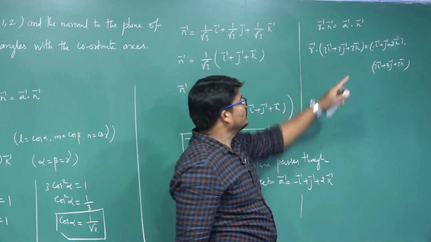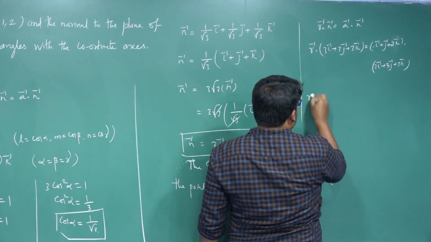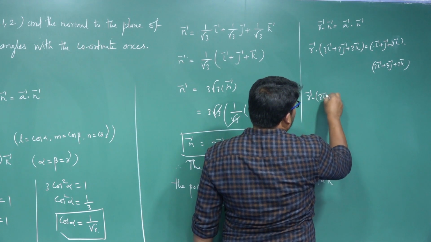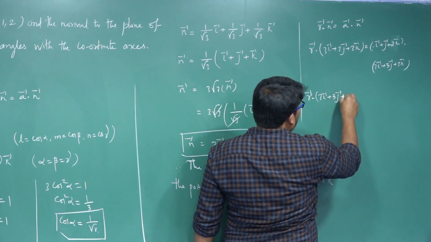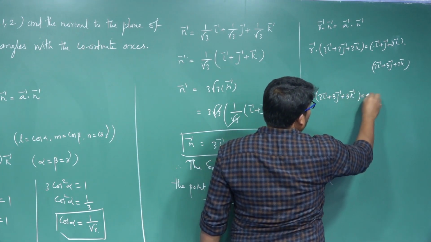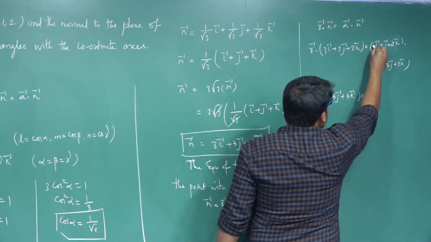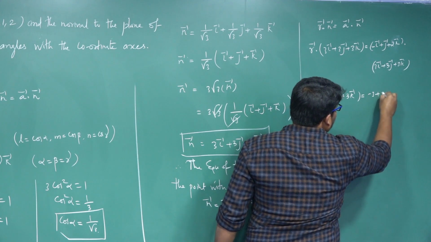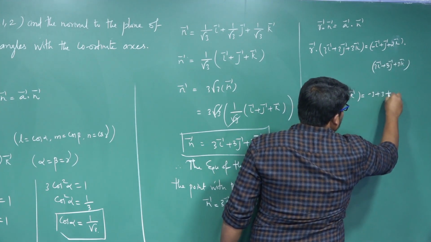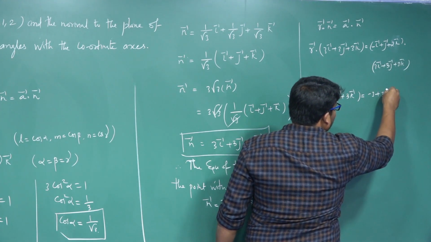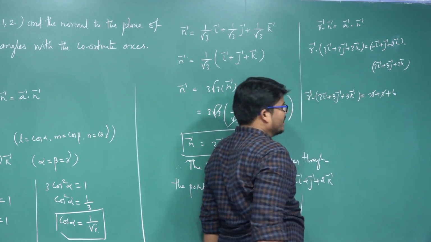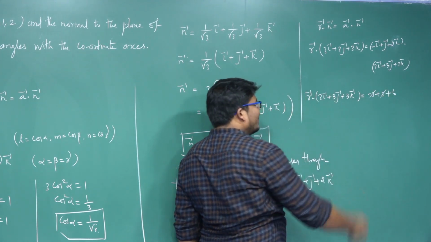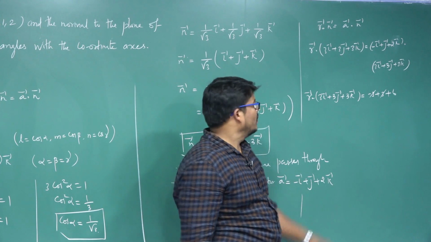Now multiply: 1 into 3, 1 into minus 3, minus 3. Next, 3 ones are 3, plus 3 twos are 6. So plus 3 minus 3 are cancelled. That is r vector dot 3i plus 3j plus 3k equals 6.